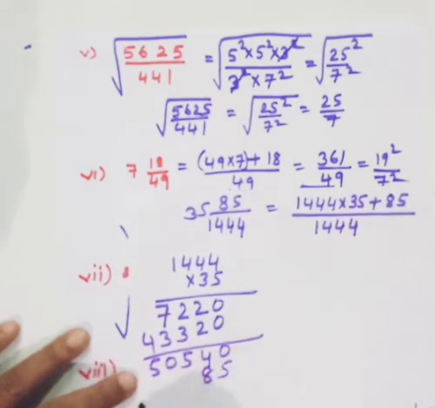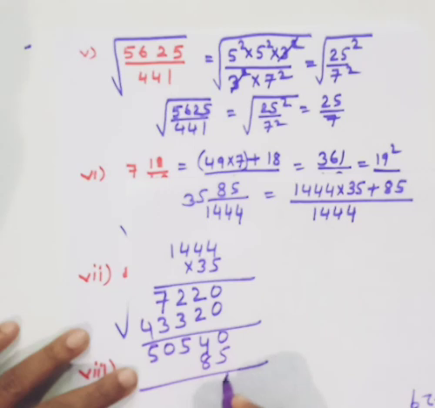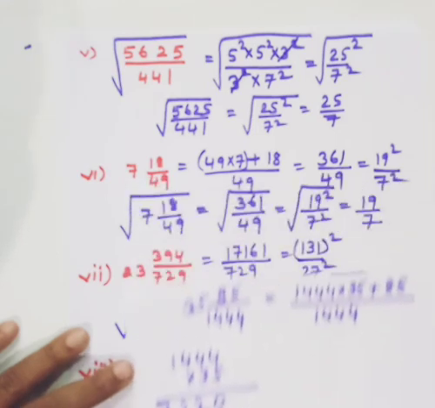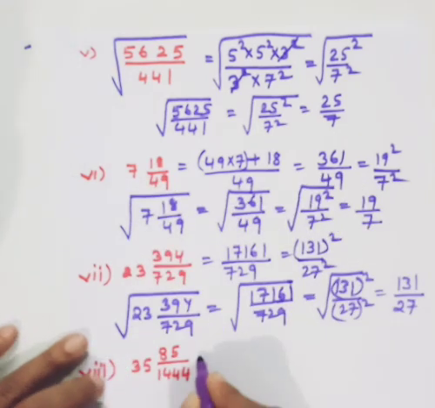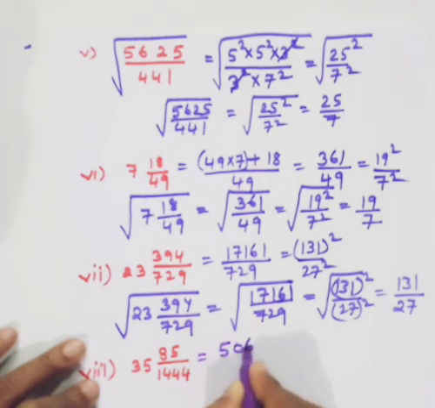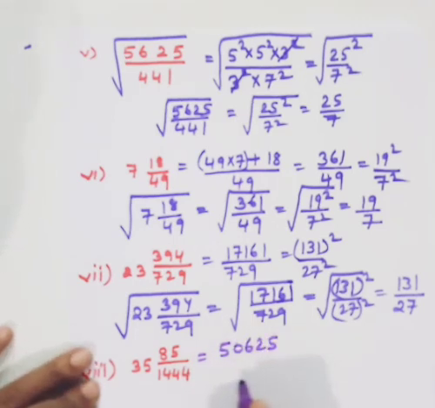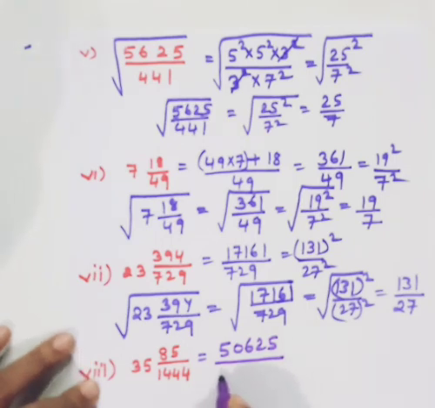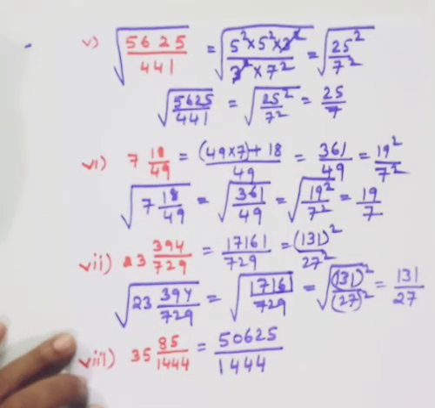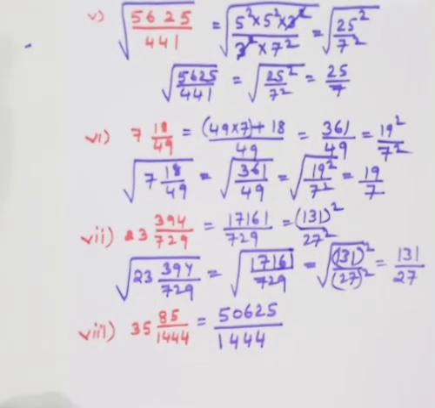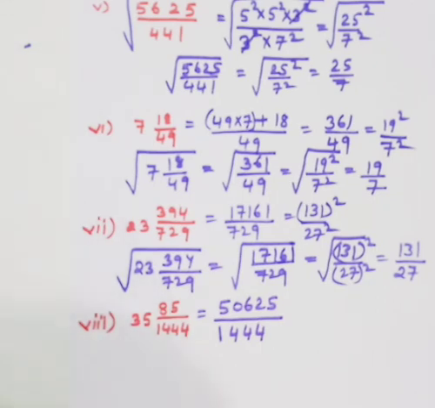So put here, you will get 50625. You are getting how much? 50625. This is 50625 by 1444, isn't it? So let us see what is the square root of this particular number.